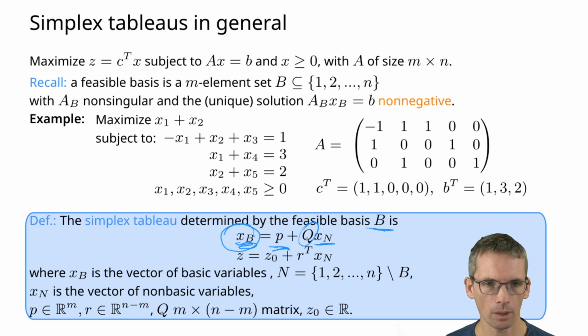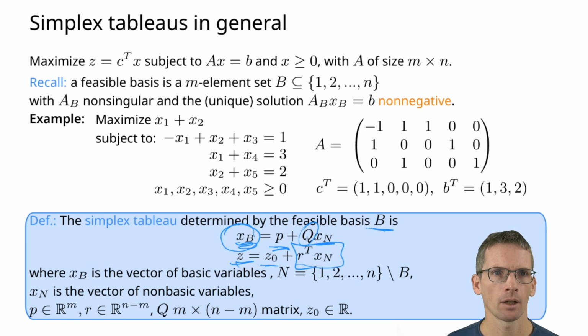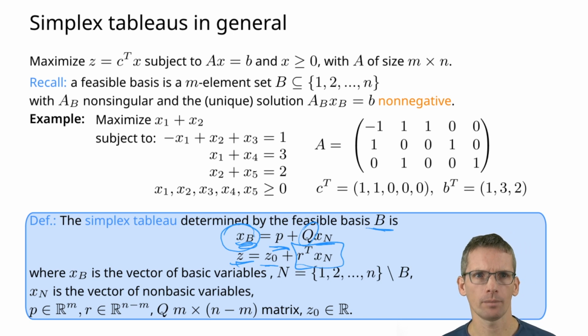So Q is a matrix here of dimensions m times n minus m, and xN are the non-basic variables. Also the objective function is z0 plus some linear combination of the non-basic variables. So this is how a simplex tableau looks in general.